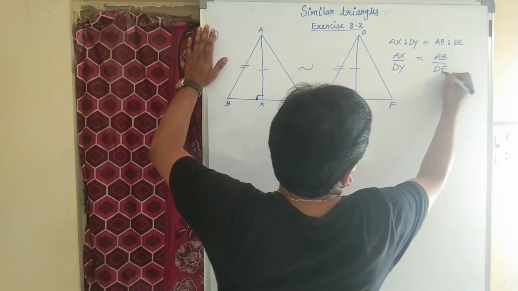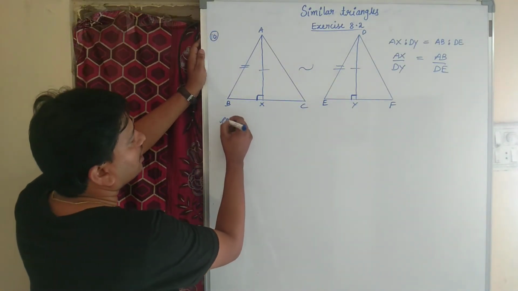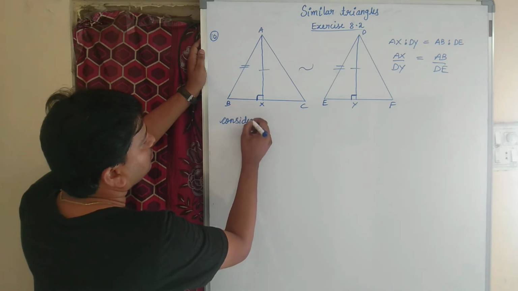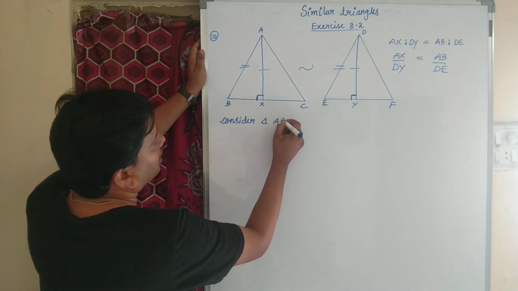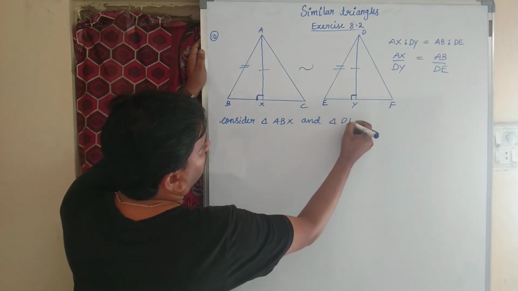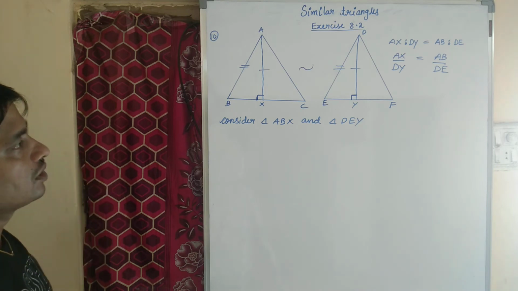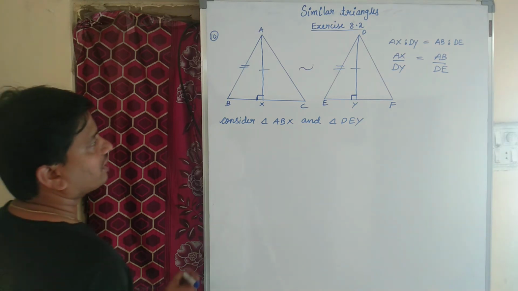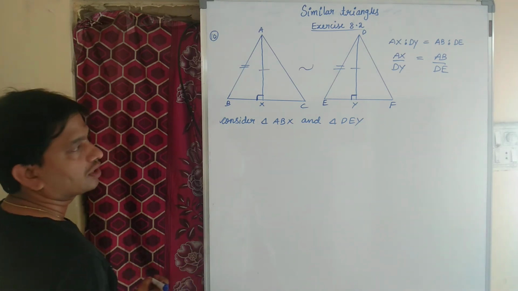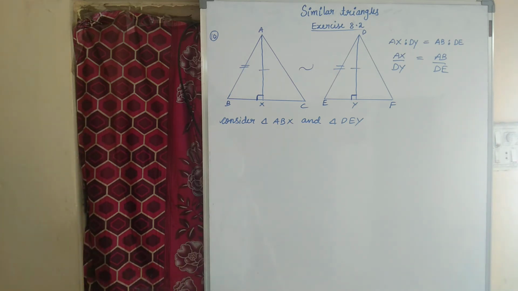So for that, I will consider two triangles, triangle ABX and triangle DEY. Already they are similar triangles. If they are similar, their corresponding sides are in the same proportion, and corresponding angles are equal.